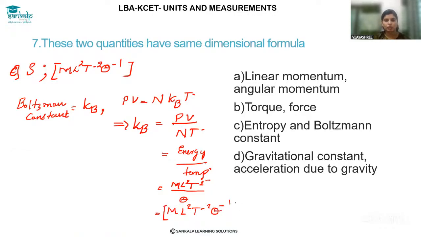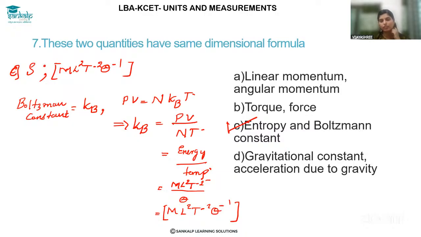It is the dimensional formula for the Boltzmann constant. So just look at the dimensional formula of entropy: ML² T⁻², this raised to -1. The Boltzmann constant also has the same dimensional formula. So the answer should be option C.